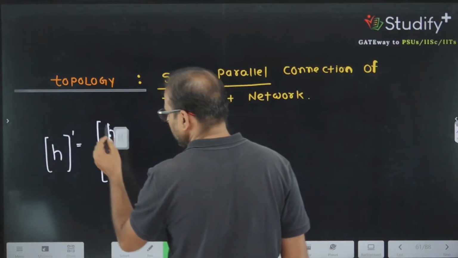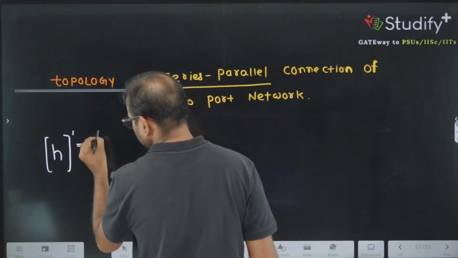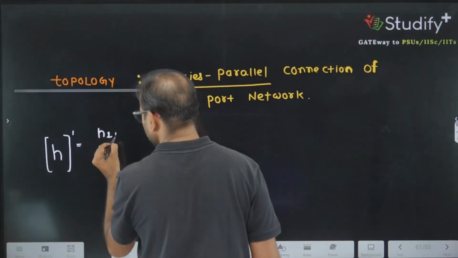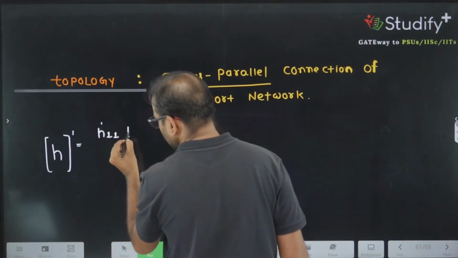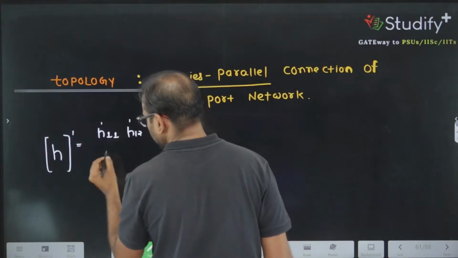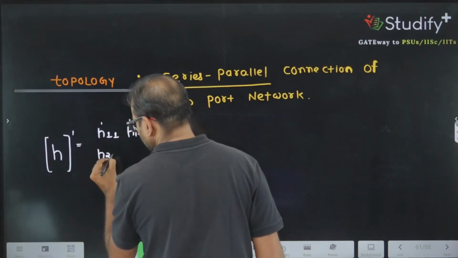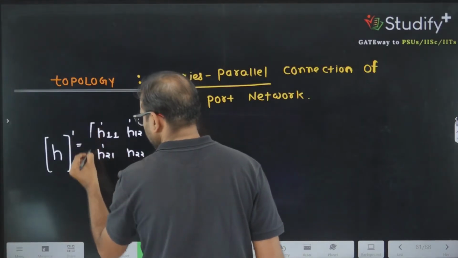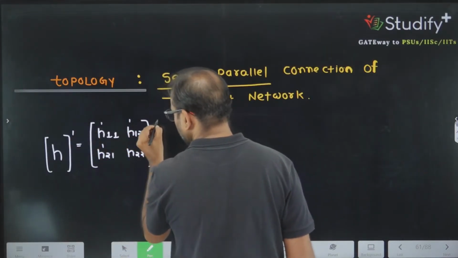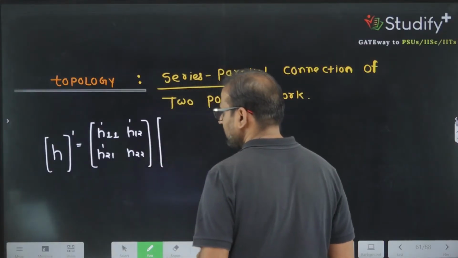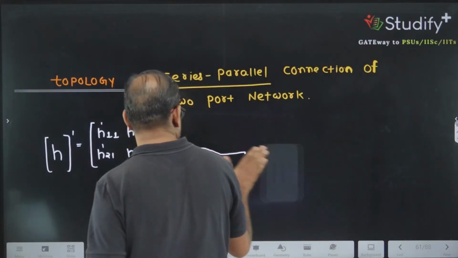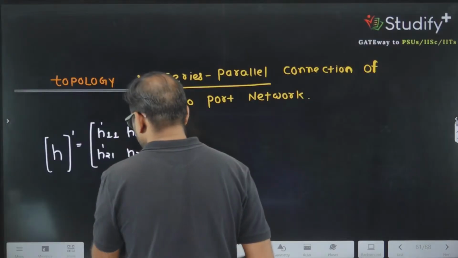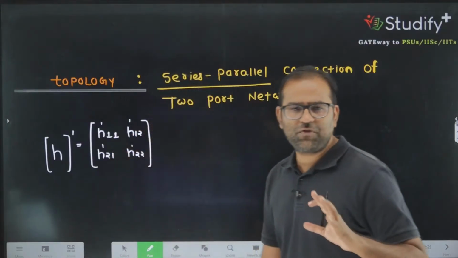H prime is defined by this: H11 prime, H12 prime, H21 prime, H22 prime, and this times of, correct, for the first two-port parameter.